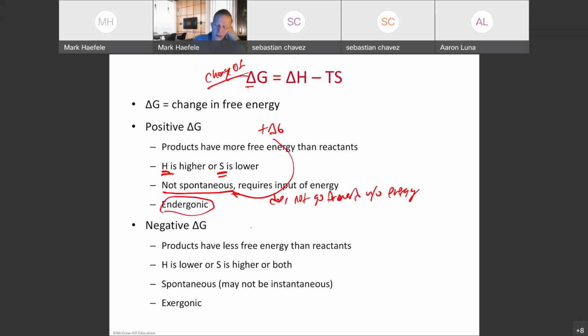Now, in a situation where you have a negative free energy number, that's negative delta G, this is a situation where it's kind of flipped around. This is a situation where your products have less free energy than your reactants. So what that means is you've sort of lost value in this particular case in terms of free energy. If your enthalpy is lower, that basically means you have not very much stored potential energy in those bonds.